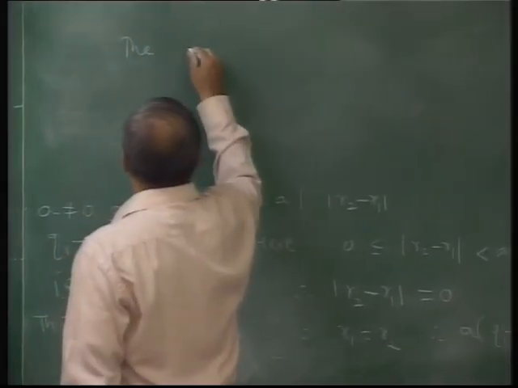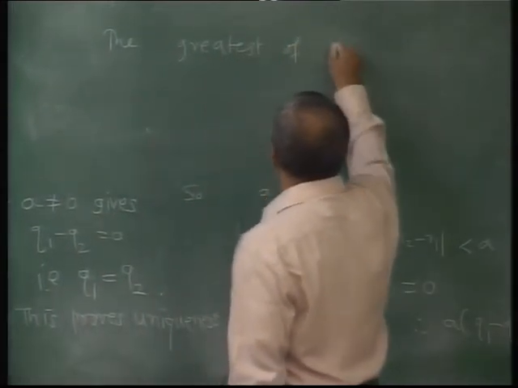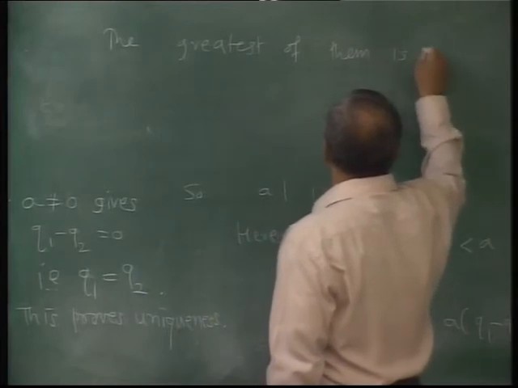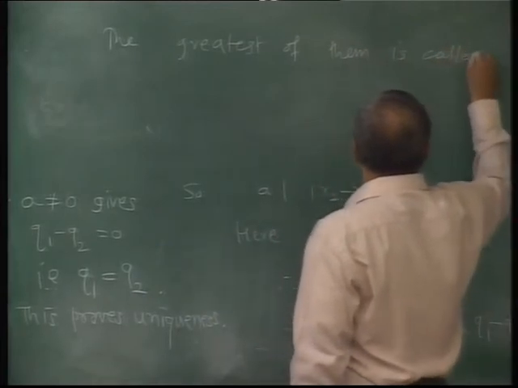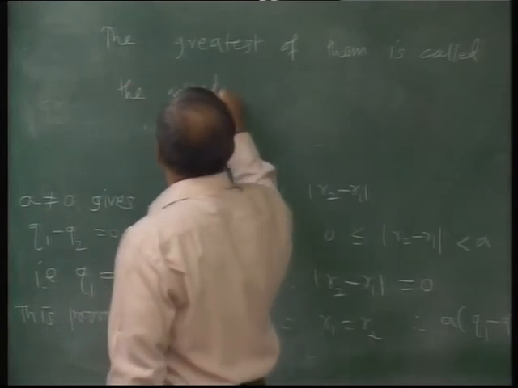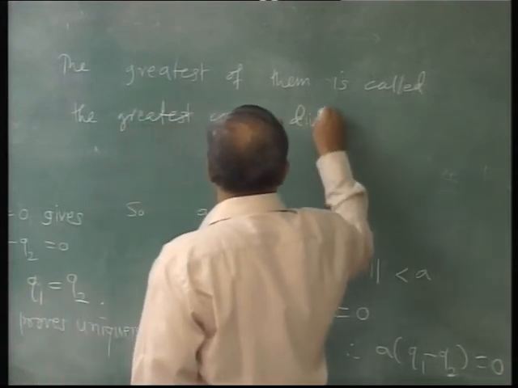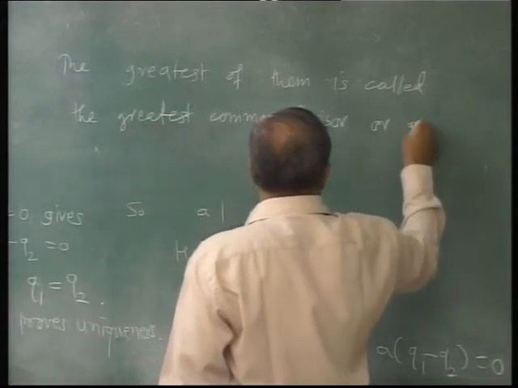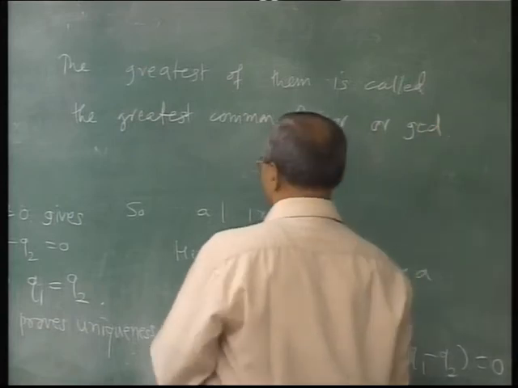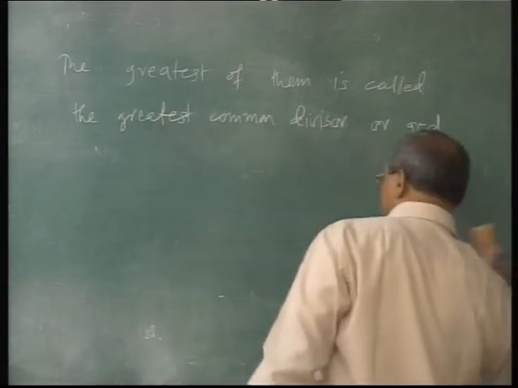The greatest, that is largest, of them is called the greatest common divisor, or GCD, of the given numbers.